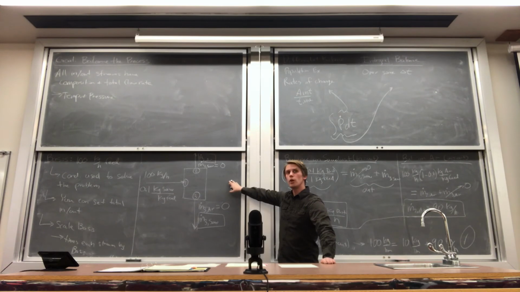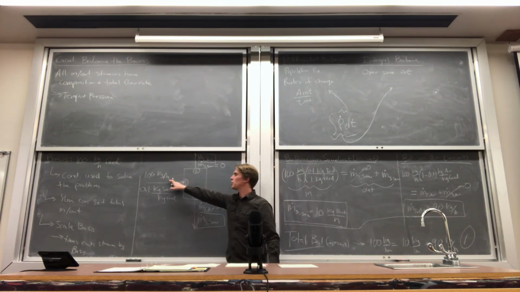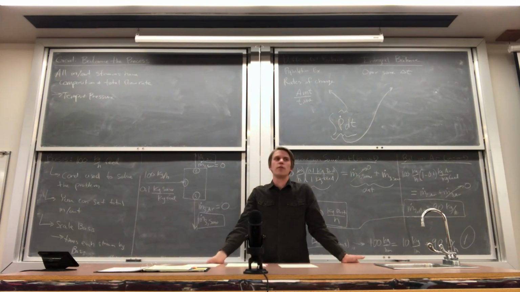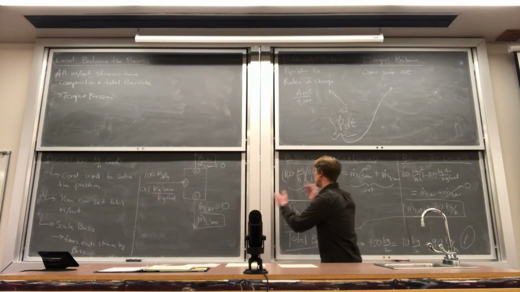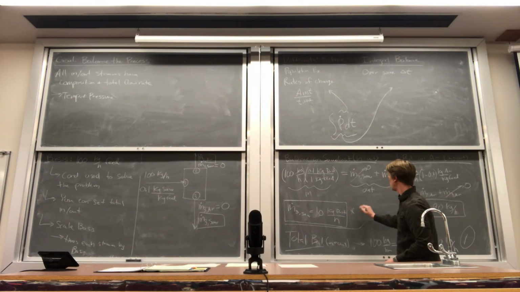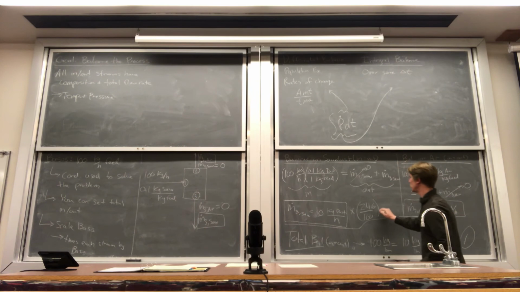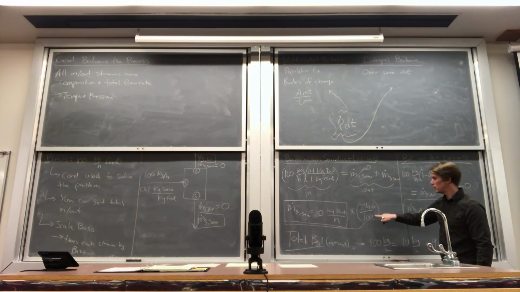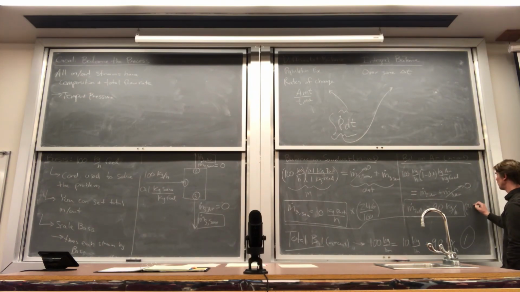But let's say in the real process, it's not actually 100 kilograms per hour being fed to the system. It's, let's say, 246. So all I would need to do to convert these answers to the real process is times everything by 246 divided by 100. New basis, old basis. Apply that for this one here. 246 divided by 100. New basis, old basis.